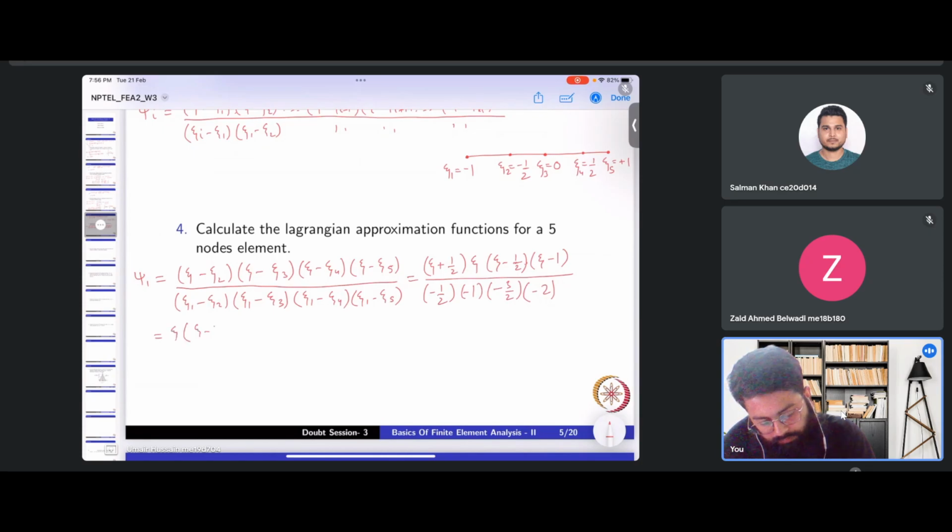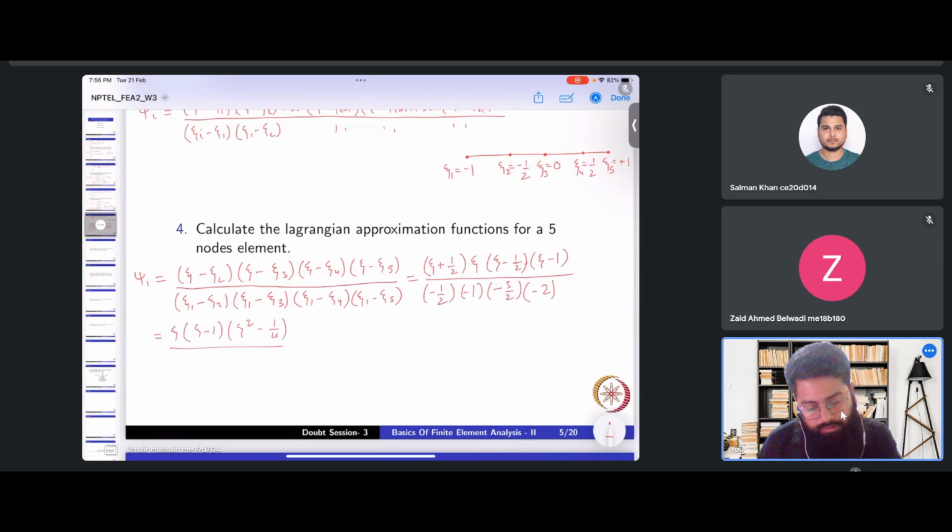Zeta, zeta minus 1, zeta squared minus 1 by 4, upon... the minus sign becomes plus. Two cancel, we get 2 by 3, 2 by 3. So that is the shape function for the first node of this element.